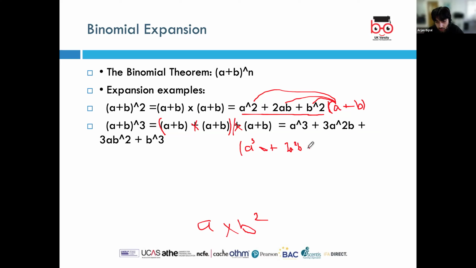So then we have plus AB squared. So can you understand how we've got from here?